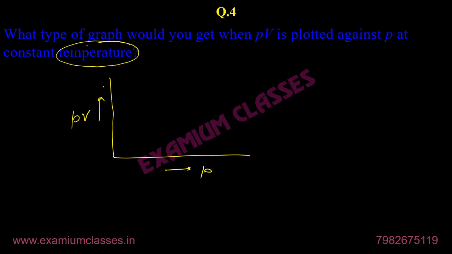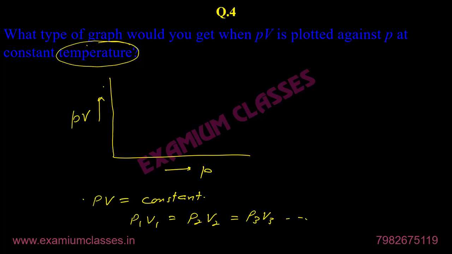Okay. Those are correct because when temperature is constant, it's Boyle's law, that is P into V is constant. That is P1 V1 equals P2 V2 equals P3 V3. The multiplication of pressure and volume will remain constant.